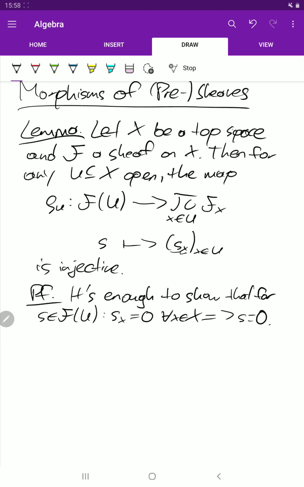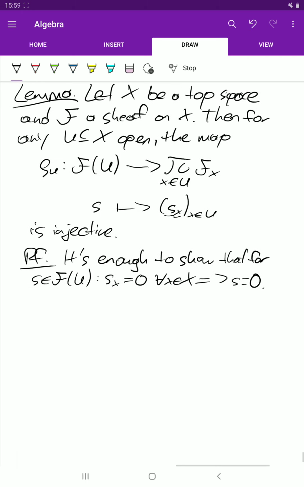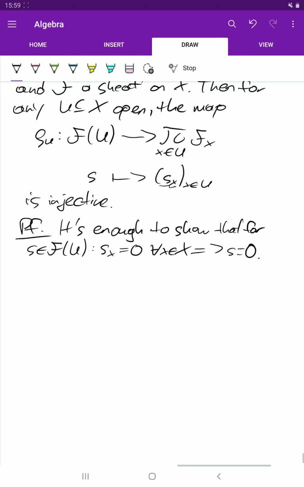So we assume that F is a sheaf of abelian groups or some modules or something, so some kind of abelian category, if you know what that is. But it would actually also work for sets or something like that.